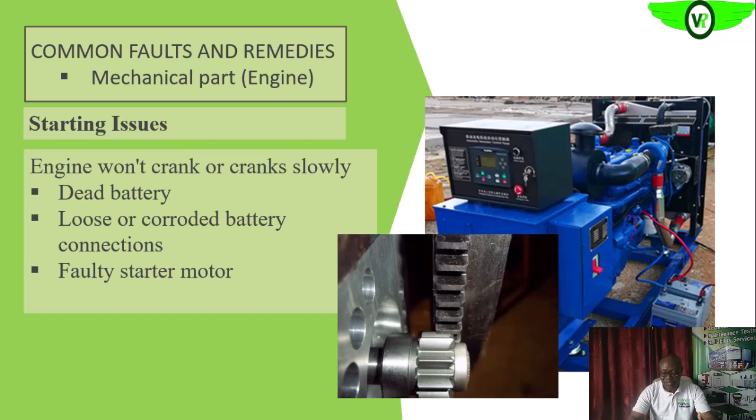Okay, so as it's turning, it will force the flywheel to turn. So that will crank the engine and then can initiate the combustion process within the engine for the engine to start turning itself. Okay, so if it is faulty, the engine will not crank.